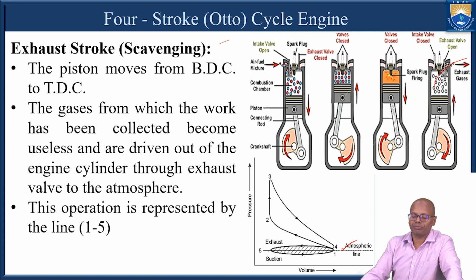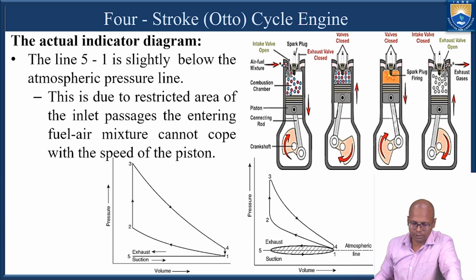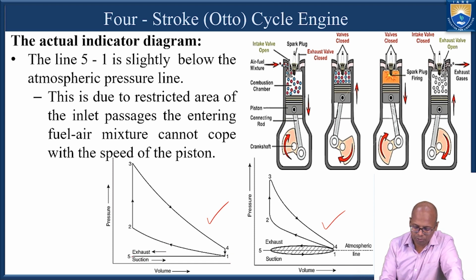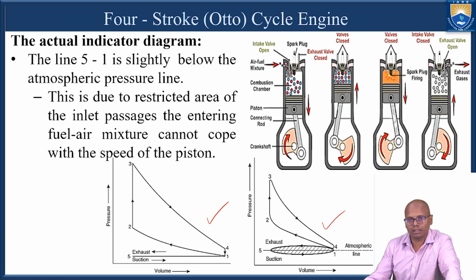Now, what is the difference between the ideal indicated diagram and the actual indicated diagram? In the actual indicated diagram, from 5 to 1, it should be a constant pressure. Okay, the pressure should remain constant.